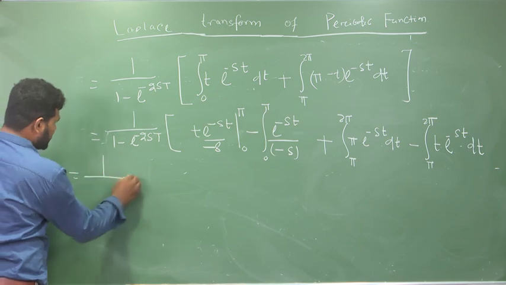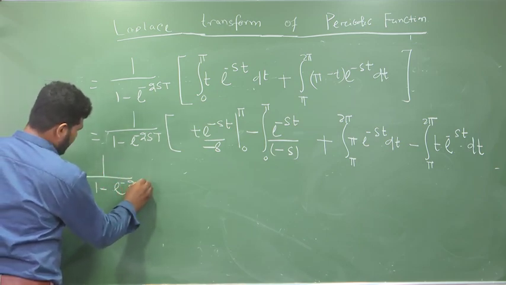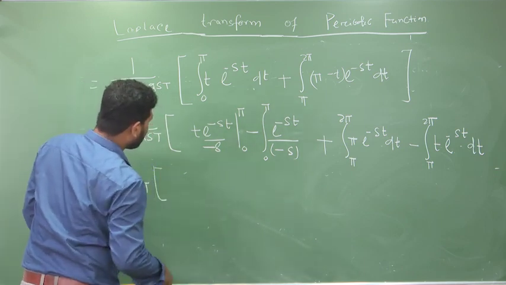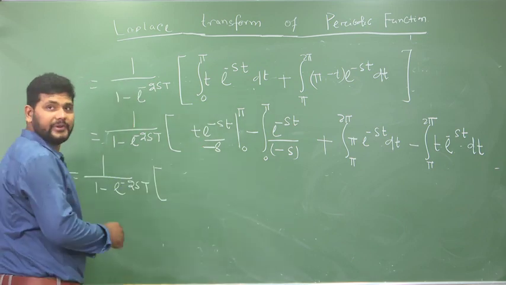We will evaluate it with the factor 1 upon 1 minus e power minus 2 pi s.